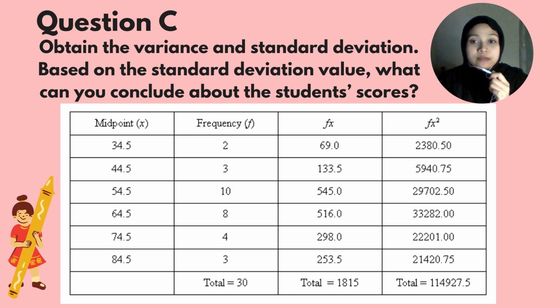To find fx, we just multiply frequency with midpoint, and for fx squared we multiply frequency with midpoint squared. And we do the same thing for the rest of the rows. At the bottom of the columns, we sum them up because we're going to use the total values for the equation. And you also total up the frequency as well.